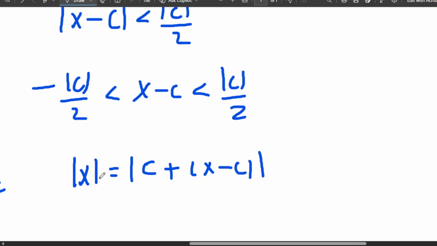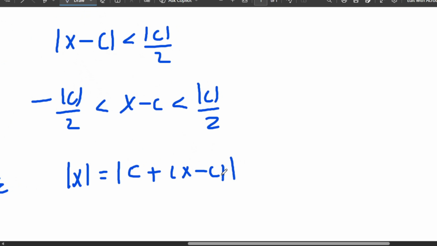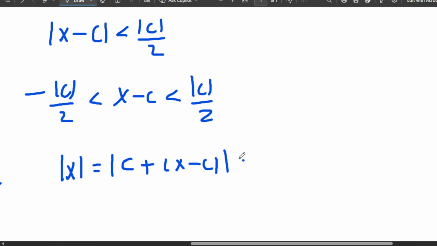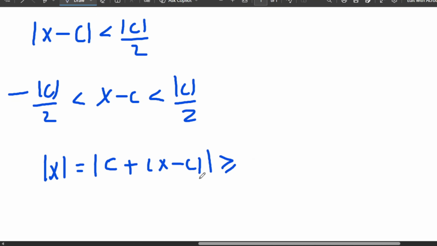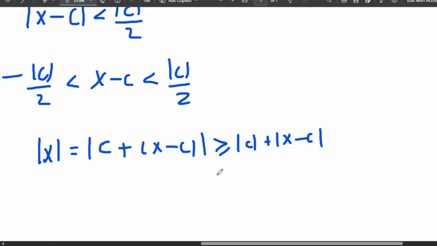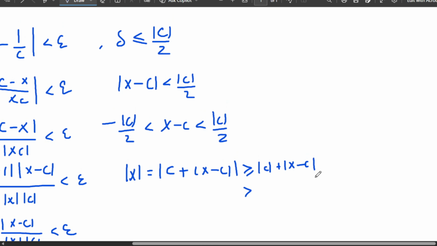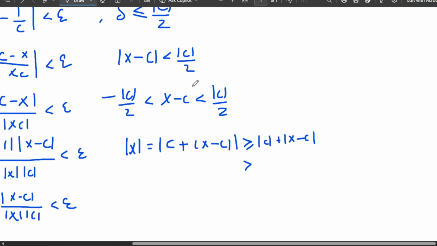It will be the same thing as the absolute value of x. So using the triangle inequality, |x| is greater than or equal to |c| plus |x minus c|, which is greater than, well, we know that |x minus c| is strictly less than |c| over 2.